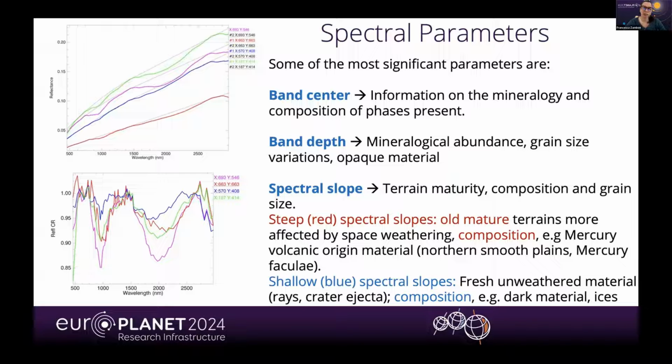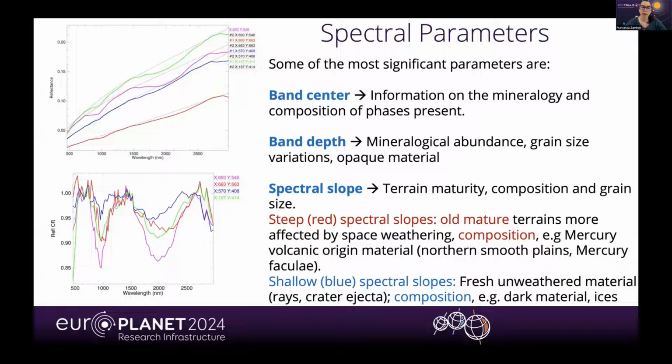And this parameter is the main parameter we use for Mercury, because we don't have absorption bands, so we cannot use the other two, but we have just to see and characterize our spectra looking at the spectral slope variation.